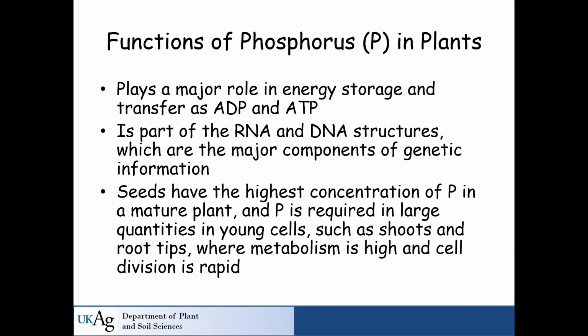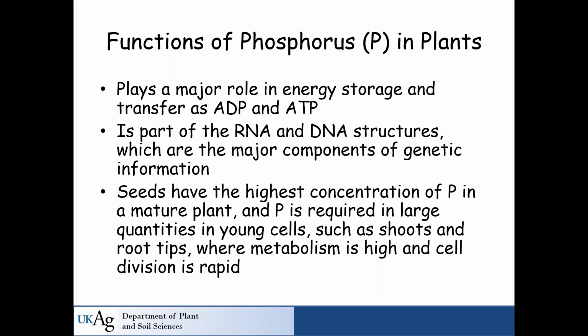Phosphorus is also a primary macronutrient, although typically in plants it is at about one-tenth the concentration that nitrogen and potassium are. It plays a major role in energy storage and transfer through its role in ADP and ATP. It's a fundamental part of both RNA and DNA structures, making it a major part of the genetic information the plant acts upon and passes on from one generation to the next.